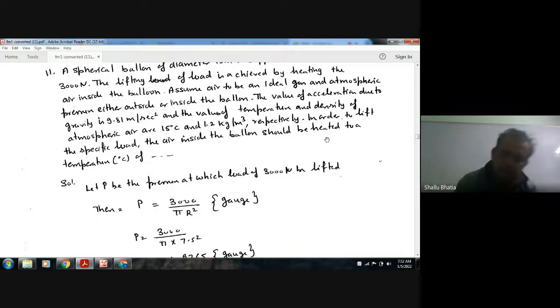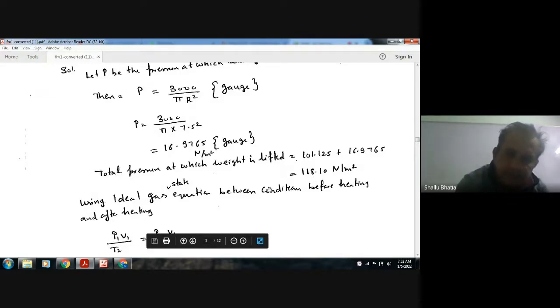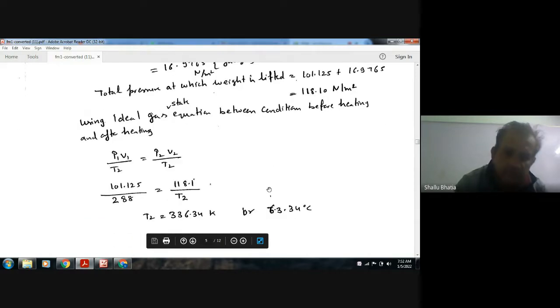So the balloon has to create this much pressure to lift the load. Then the load can be lifted. But the initial pressure is atmospheric pressure, and the volume of the balloon is constant.